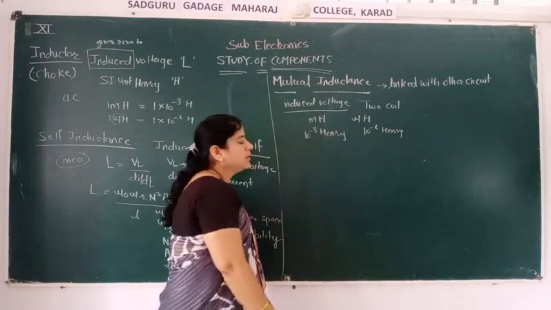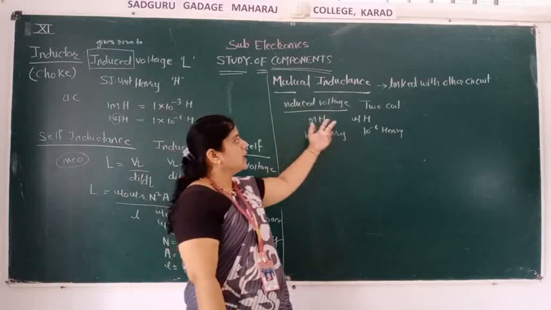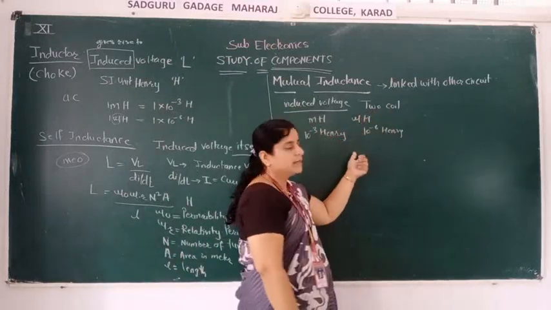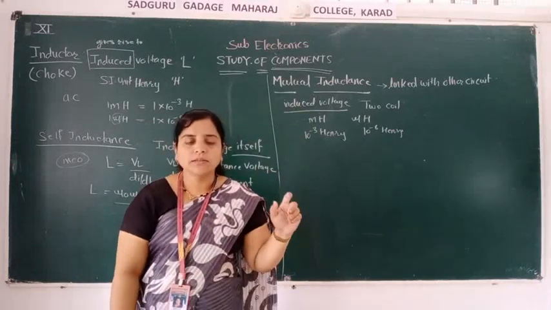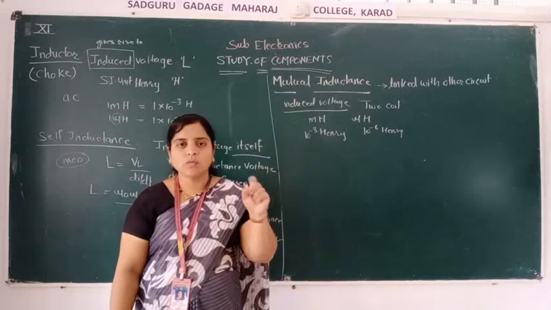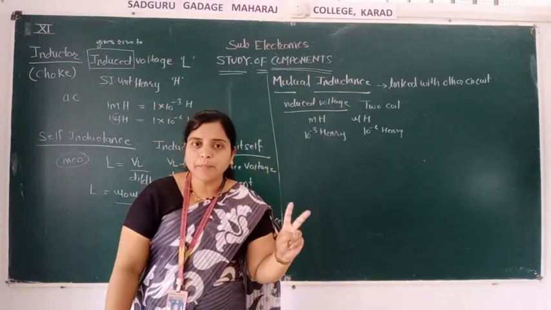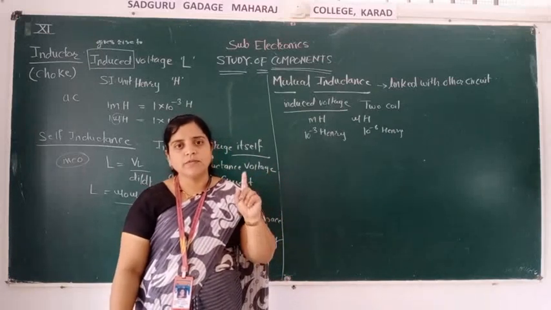Okay, it can be measured. There are two coils used here. What is 1 Henry? If 1 volt is induced when 1 ampere of current is given, then it is called 1 Henry.